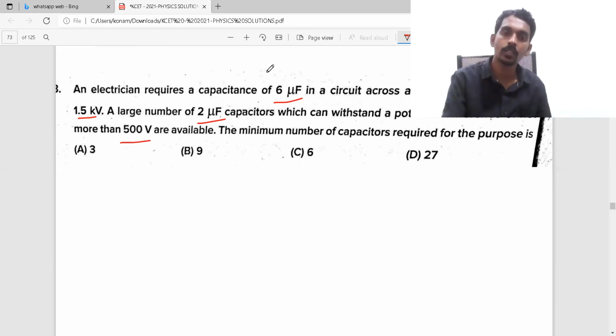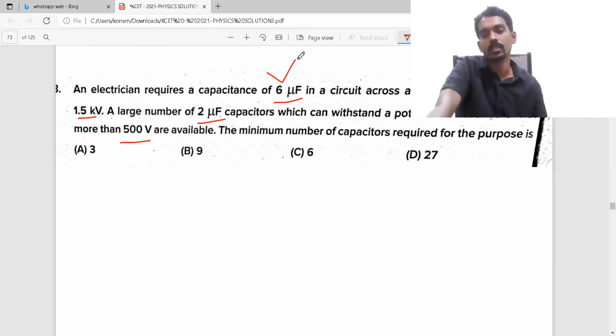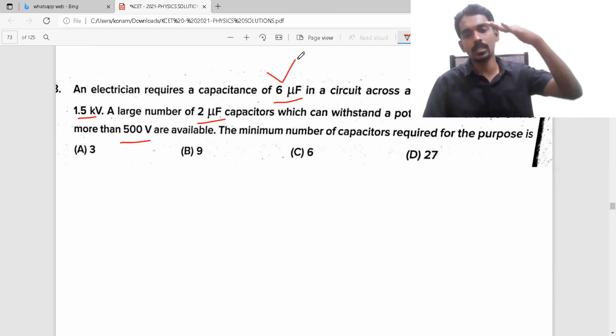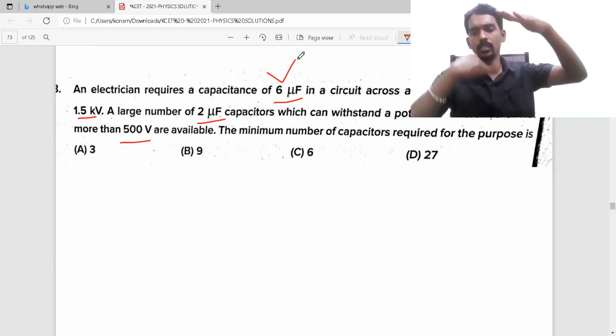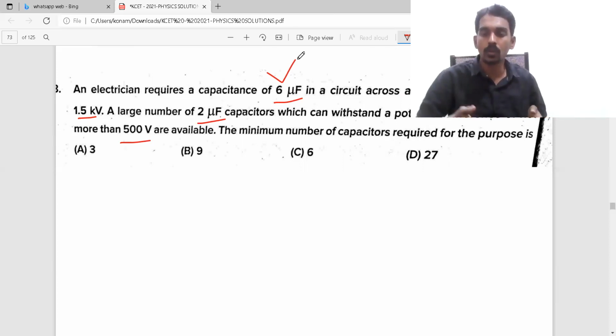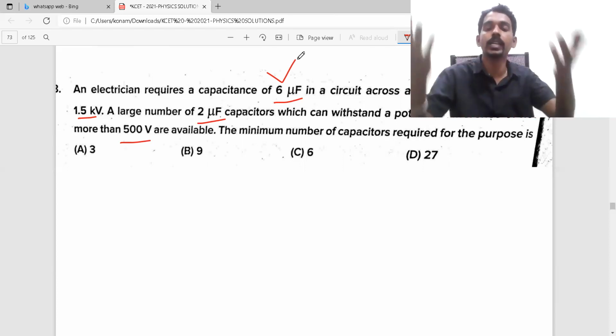But we want the resultant to be 6. Then what you have to do is arrange 3 in one row, and connect some n number of such rows in parallel, so that the resultant capacitance will increase.